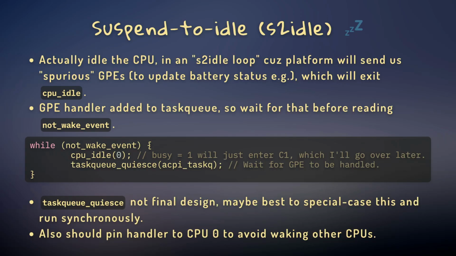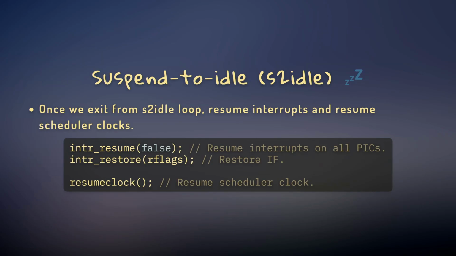Maybe it would make sense to special case the S2 idle state and just do it synchronously right after we get the interrupt. But this kind of works for now, although it's a bit buggy. So yeah, once we exit the S2 idle loop, pretty simply, we just resume all interrupts, so we are how we were before, and resume the scheduler clocks.